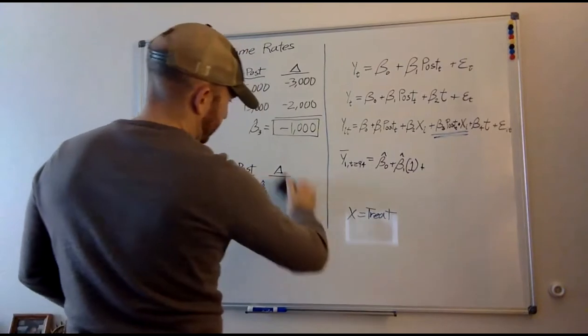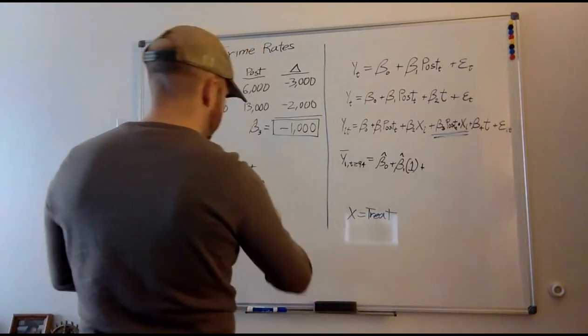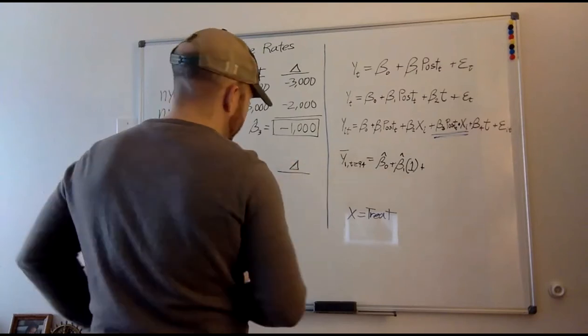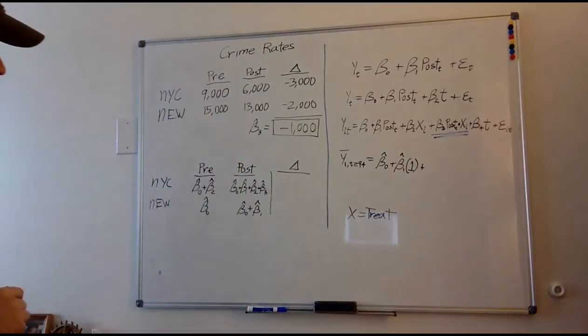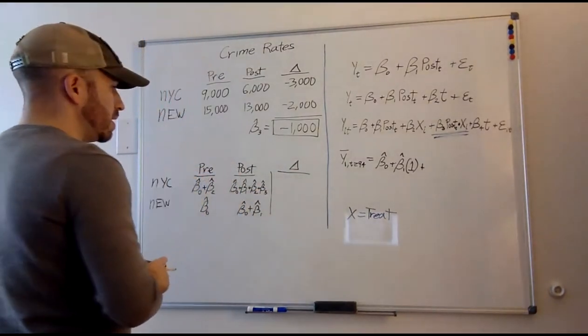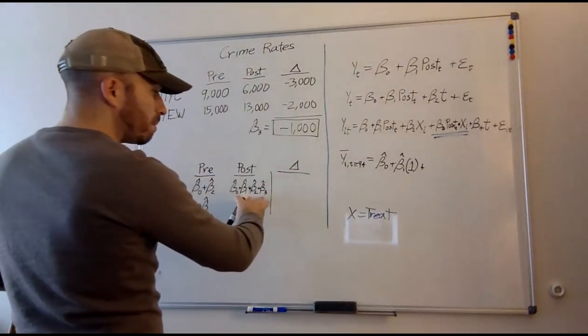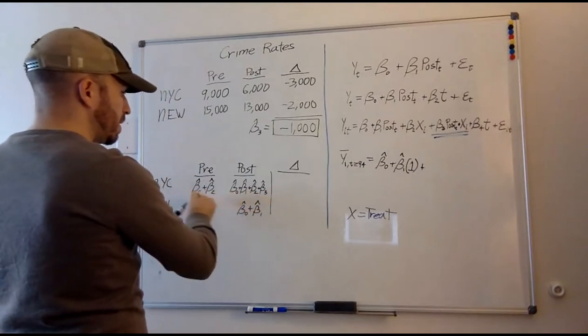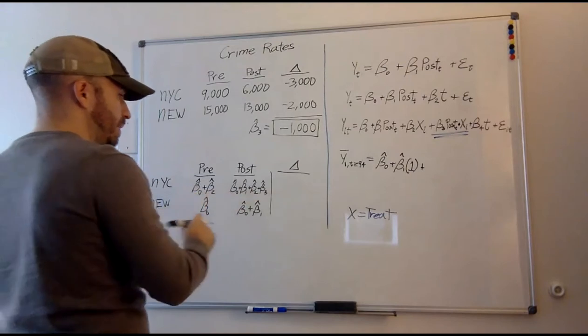Let's give myself a tiny bit more space here to do the changes. So the delta, or the difference for each of them, is post minus pre. So post for New York City is all 4 coefficients minus the beta naught and the beta 2.